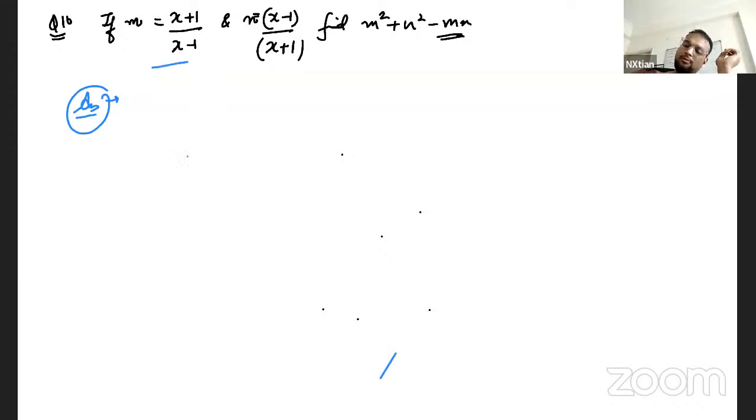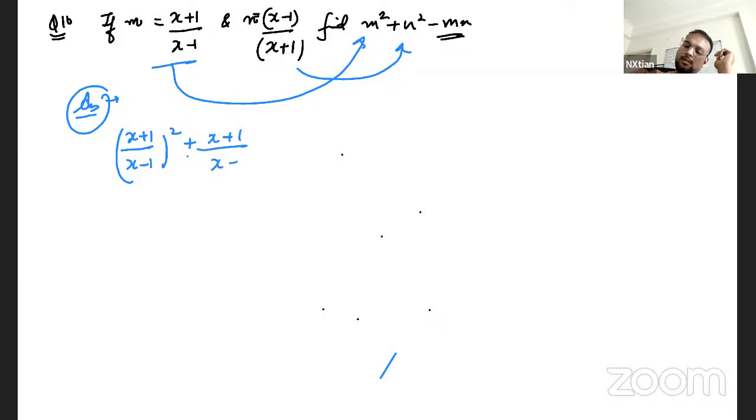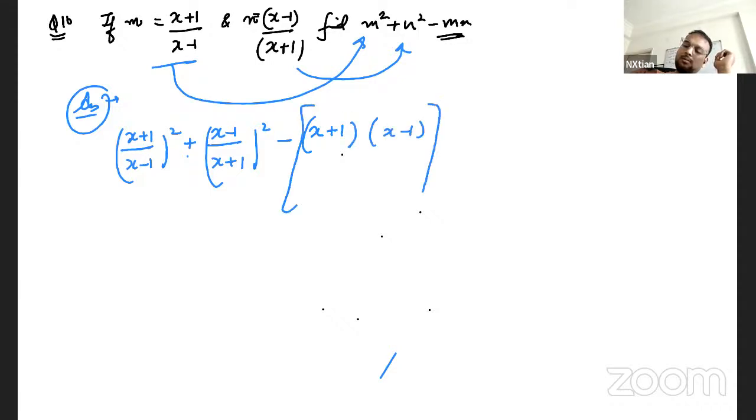Okay. So now we have to put the value into this. It's simple, there's nothing different. It will become x plus 1 upon x minus 1 whole square plus x plus 1 upon x minus 1, sorry, upon x minus 1 upon x plus 1 whole square minus x plus 1 into x minus 1 upon x plus 1 into x minus 1.